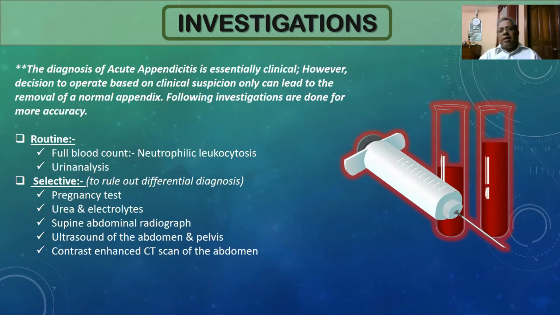And another thing is, if the sonologist is expert enough, and your ultrasonography machine is a high resolution machine, and the sonologist gives time for examination, then in most cases they can diagnose a distended appendix lumen, there is a base, there is a fecolith there. They can give this information by doing an ultrasonography. But it must be done by an expert, sincere sonologist. Otherwise, most of the time they can miss it.